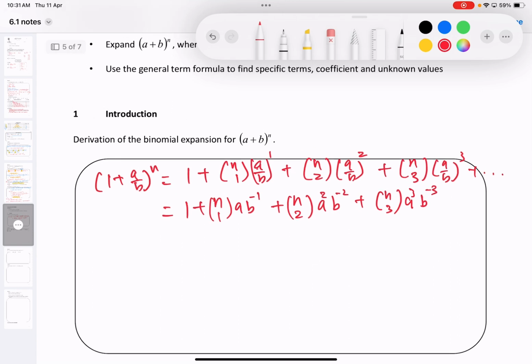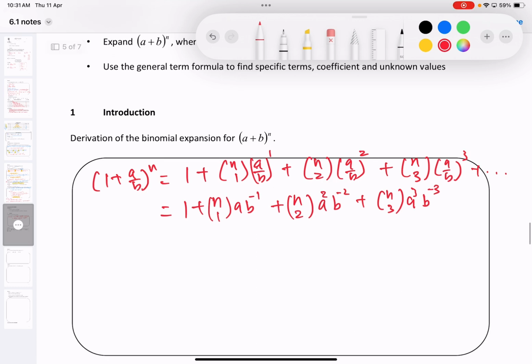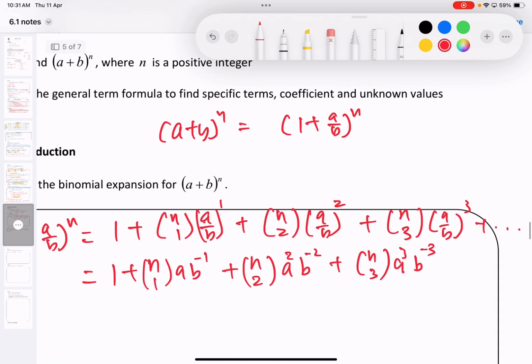Because they want the expansion of (a plus b) to the power of n, but I only know (1 plus a over b) to the power of n, I realize that what I can do is multiply by b to the power of n.